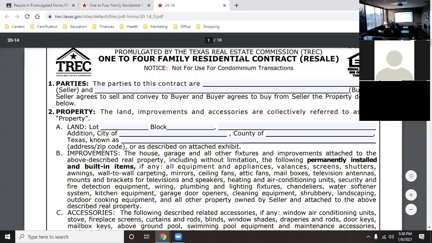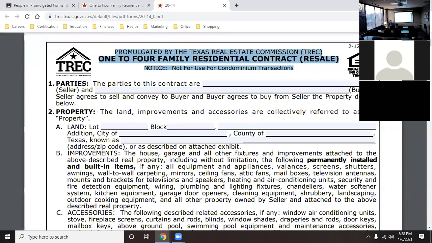This part right up here is key to making certain that you're utilizing the correct forms. As you can see, this form has been promulgated by the Texas Real Estate Commission. Therefore, you can see the Texas Real Estate logo. You can also see the Equal Housing Opportunity logo.